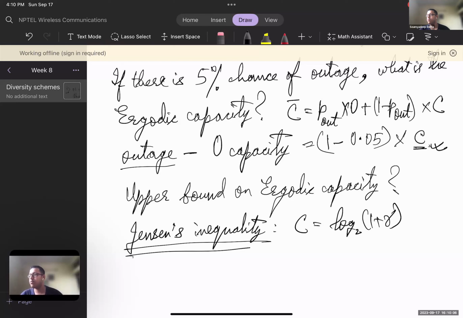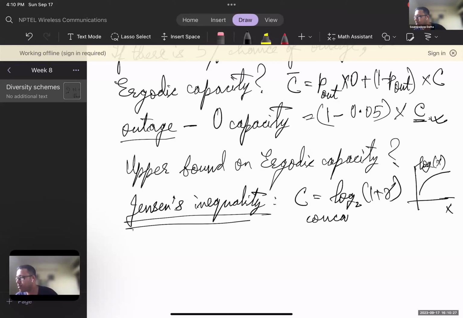Is it concave or convex? This is how log of x looks with respect to x. It's some function like this. So is it convex or concave? This is a concave function, right?